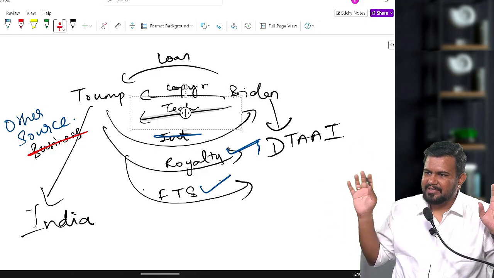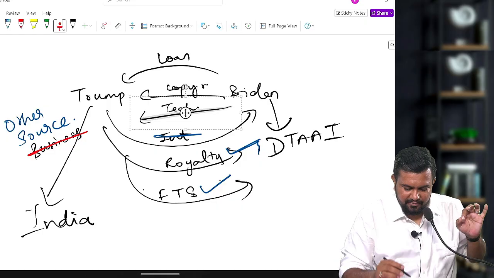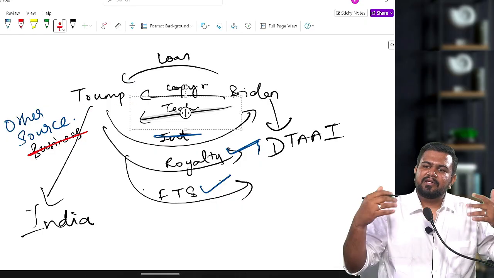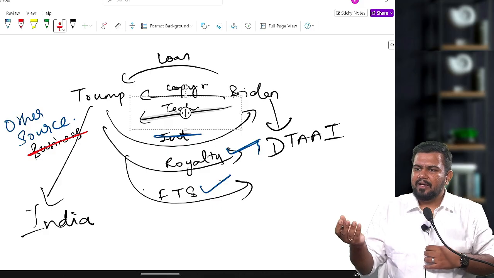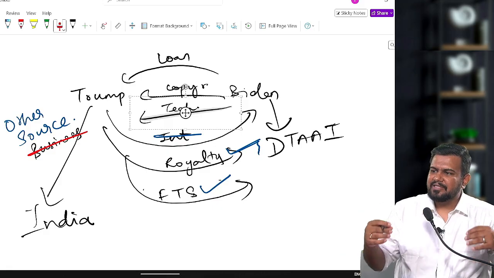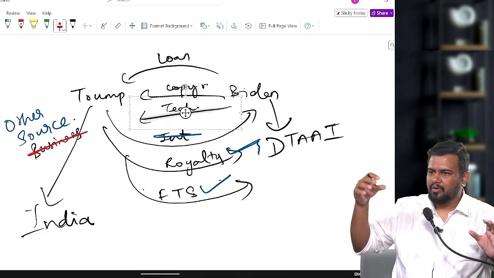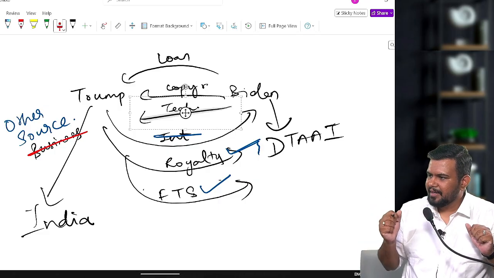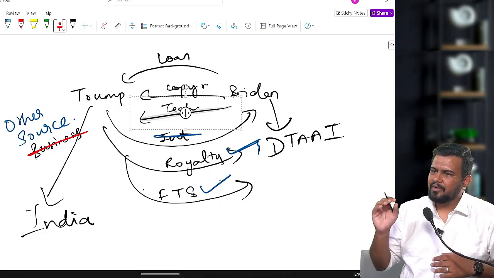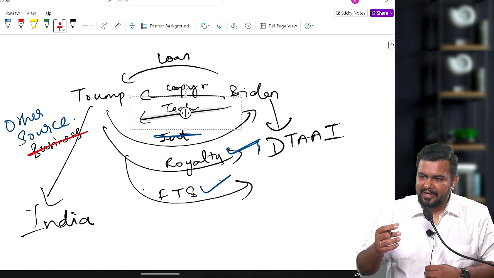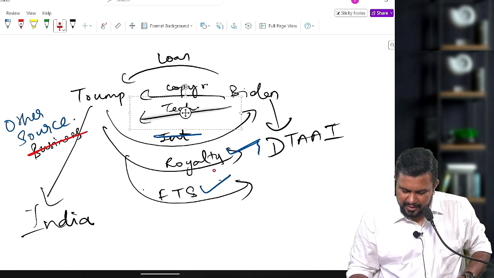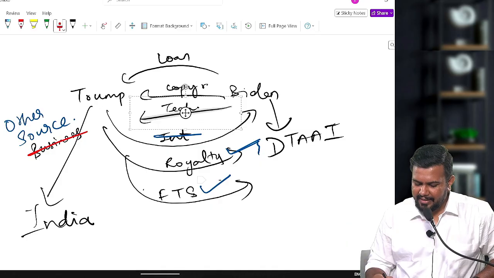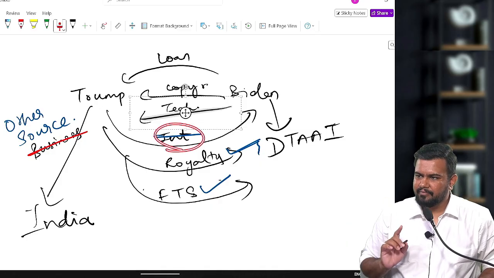But if Trump is not doing business, and instead is earning some other source income, for example, Trump is investing in an Indian company. He has taken a loan and is investing in some Indian company and earning dividend. Dividend is not business income, it is other source income. In such case, royalty and fee for technical service will be taxable in the hands of Biden, but interest will not be taxable in the hands of Biden.